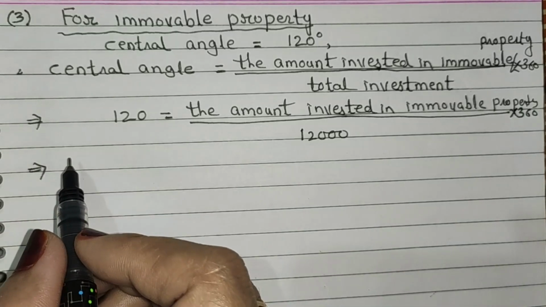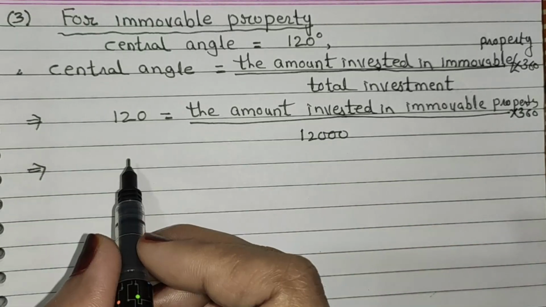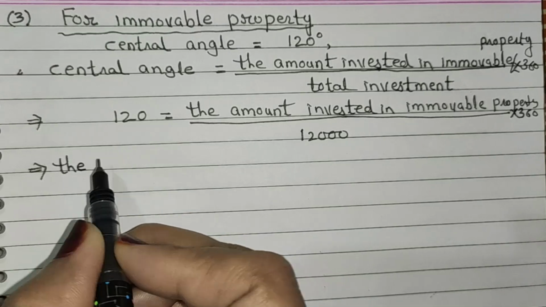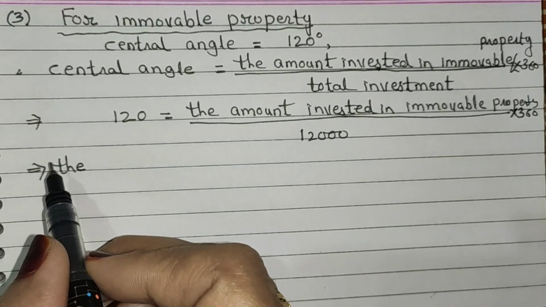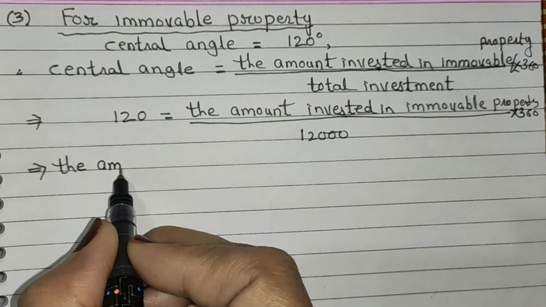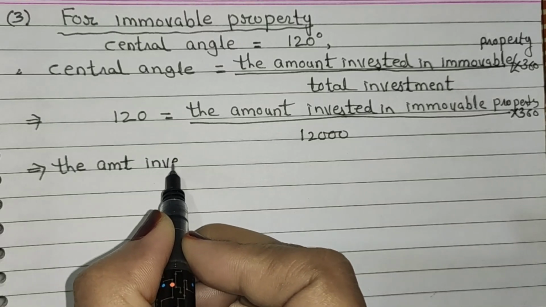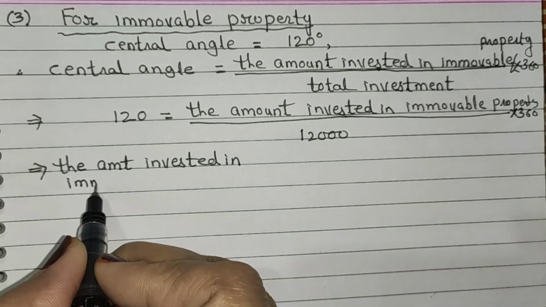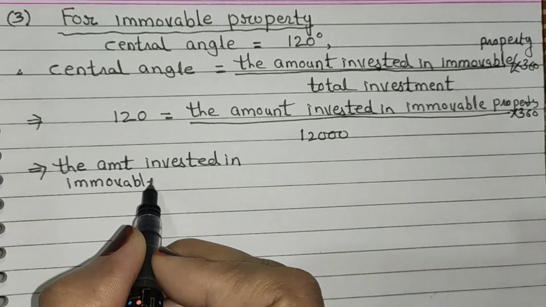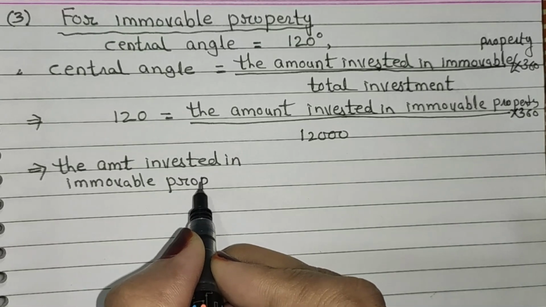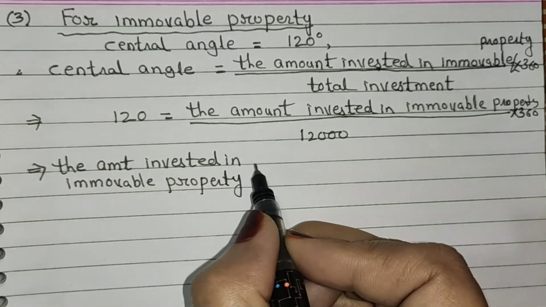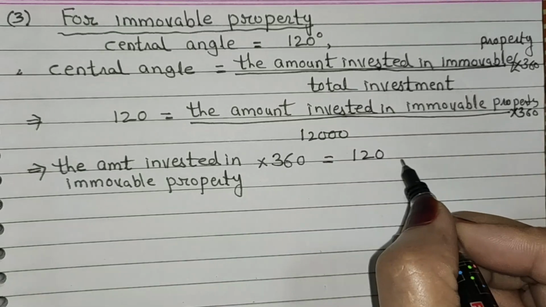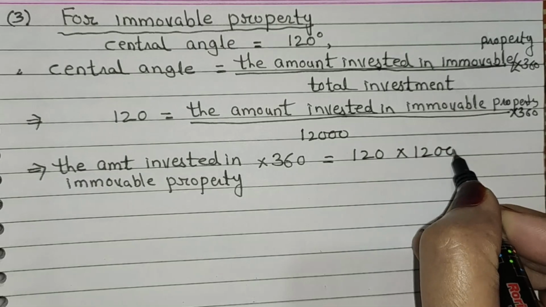Therefore cross multiply here: the amount invested in immovable property into 360 is equal to 120 into 12,000.